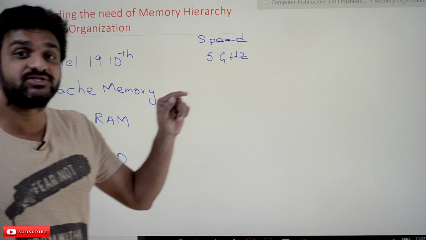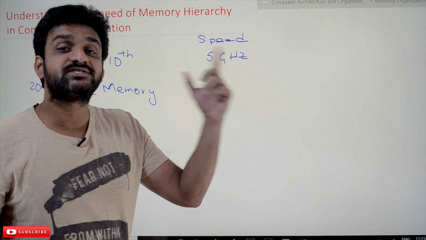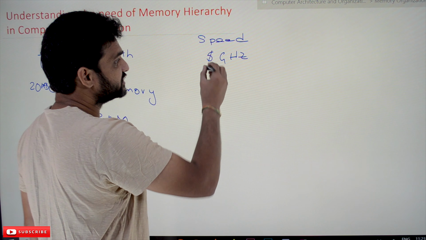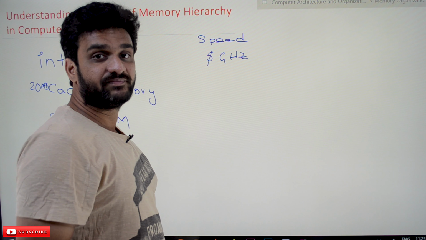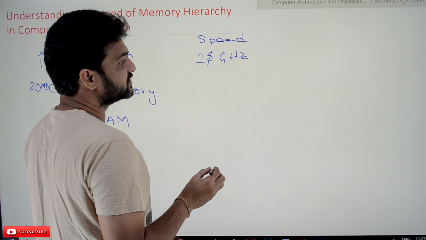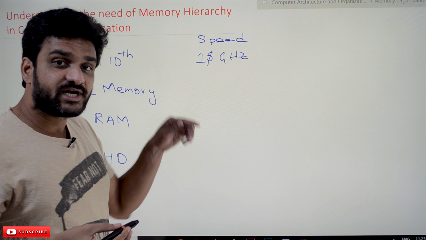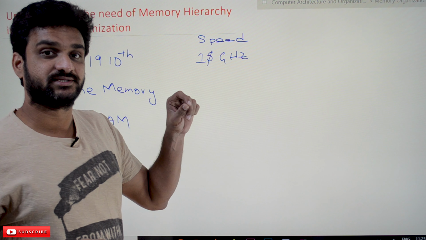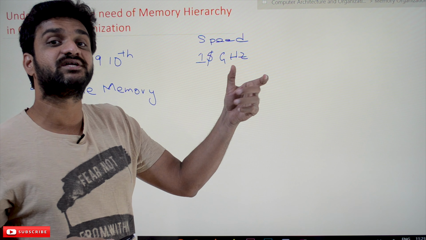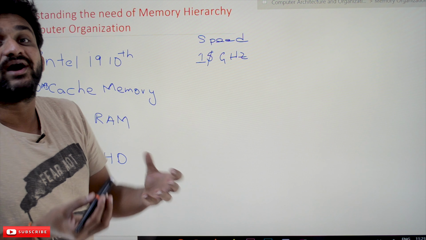In order to execute one instruction, what is the amount of time taken by this processor? Let's assume that it is 1 gigahertz, so that the math will be very easy. If it is a 1 gigahertz processor, it is going to generate 10 power 9 clock cycles. And what is the amount of time taken to execute one instruction? Let's assume that it is 1 nanosecond.